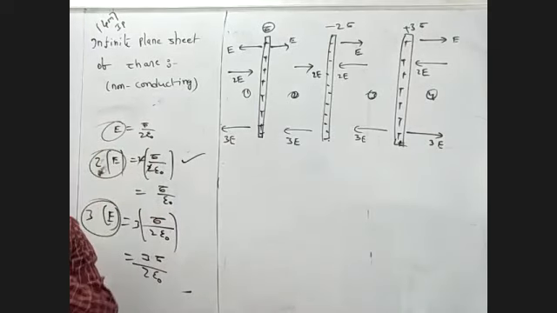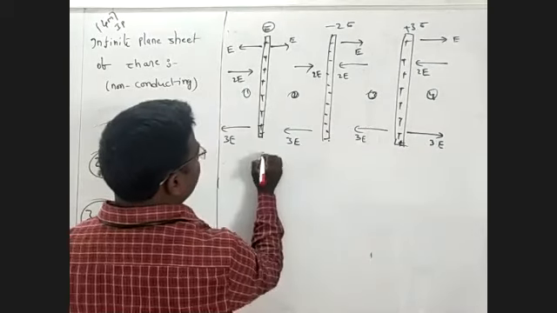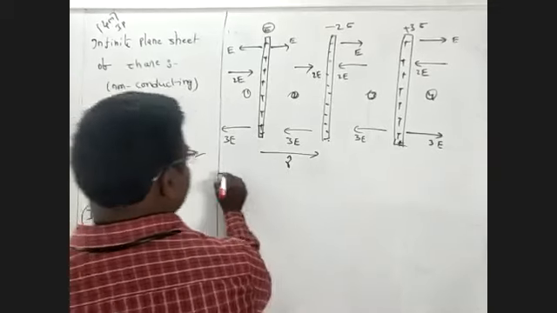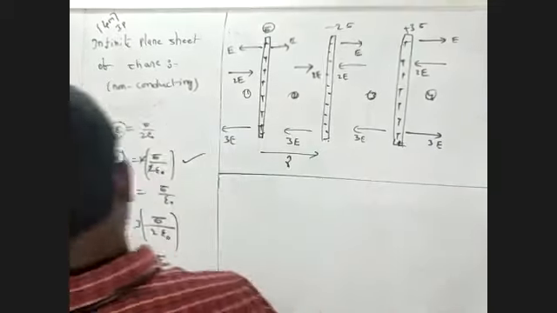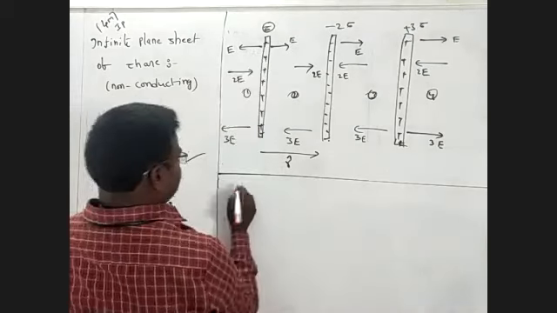Now we are going to calculate. The direction of electric field is from positive to negative. How can we calculate for this region?